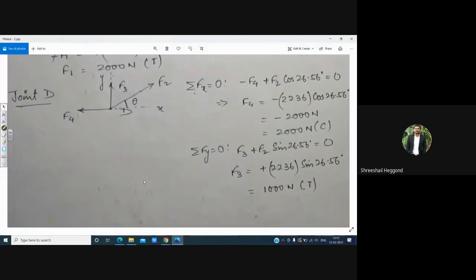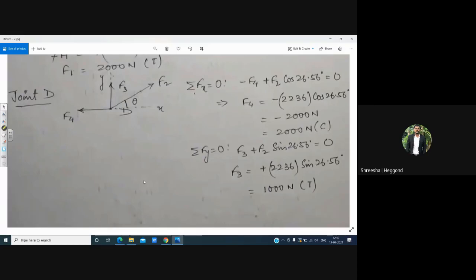Consider joint D. There are 3 members joining, that is F2, F3 and F4. Members 2, 3 and 4 are joining. Calculate the member forces.